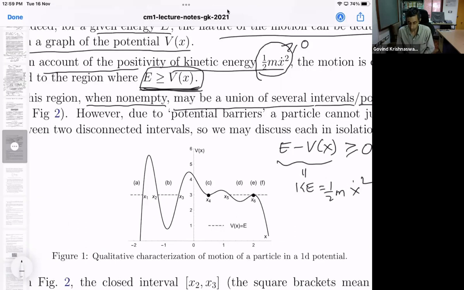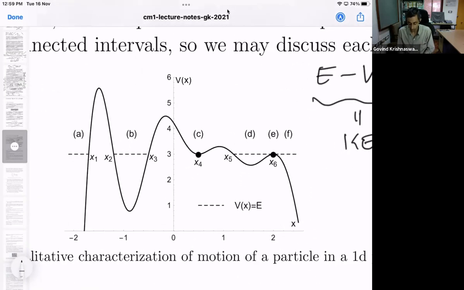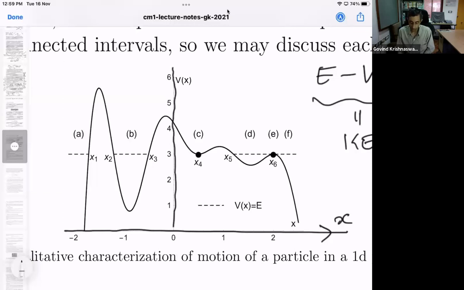Here is an example. Particle is moving on this line, the x-axis. I have plotted here the potential that the particle sees. It's very important to understand the particle is moving on this line, not somewhere else. I have plotted on the vertical direction the potential function V of x.